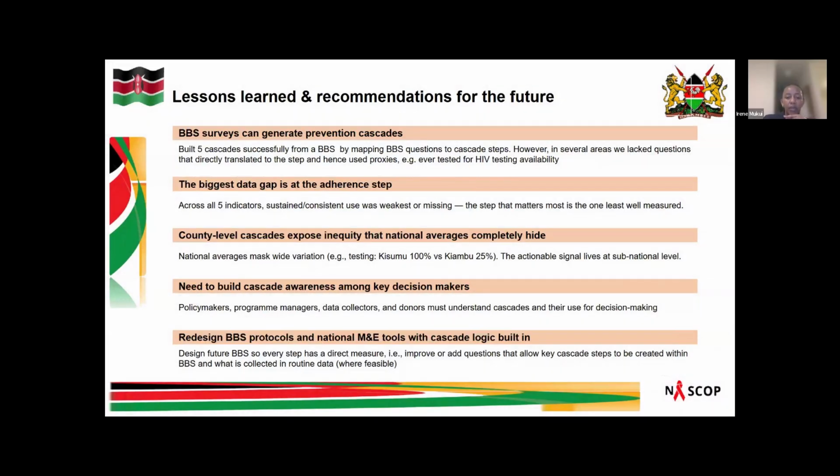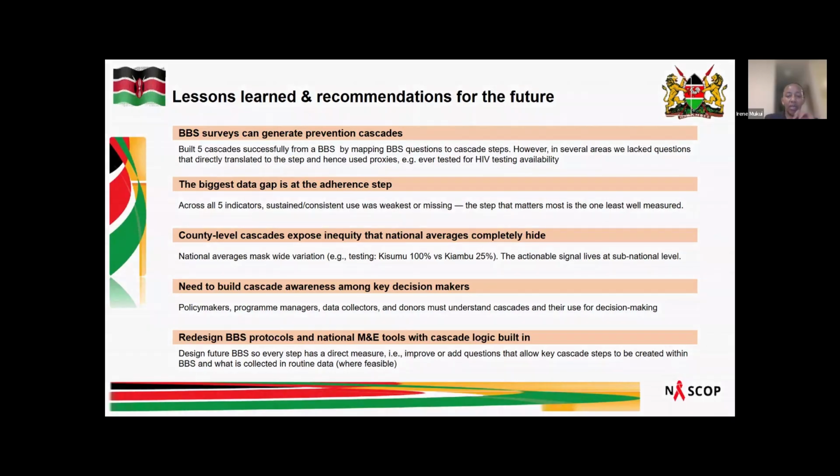Just to quickly mention some of the lessons that we have learned and recommendations for the future. So we were able to use BBS data to successfully develop prevention cascades. However, as I mentioned, in several of the areas, we lacked questions that directly translated to the steps of the cascade, and therefore we had to do some adaptation or use proxy indicators.